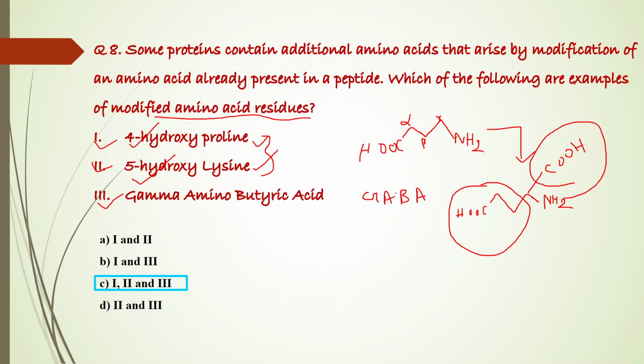So this glutamate decarboxylase simply eliminates this particular carboxyl group and gives rise to GABA. So I thought this would be the option that you might find a bit difficult to choose. So this is the basic thing. For the correct answer, all of these three are modifications of amino acids. Okay, so I hope this particular question is clear.